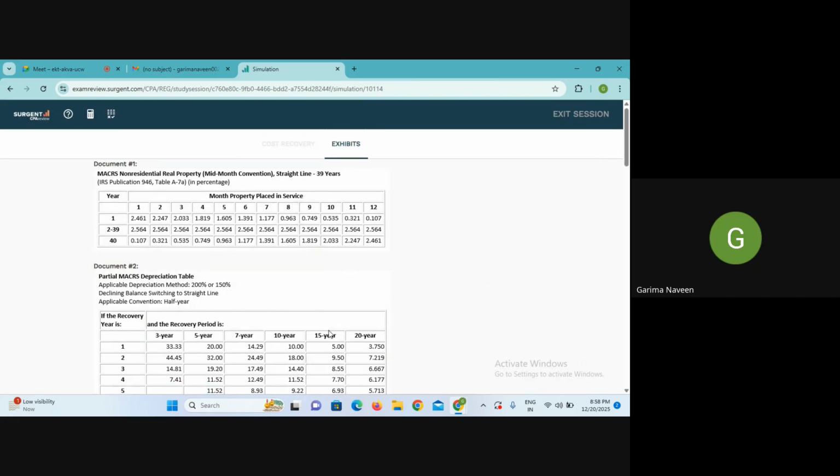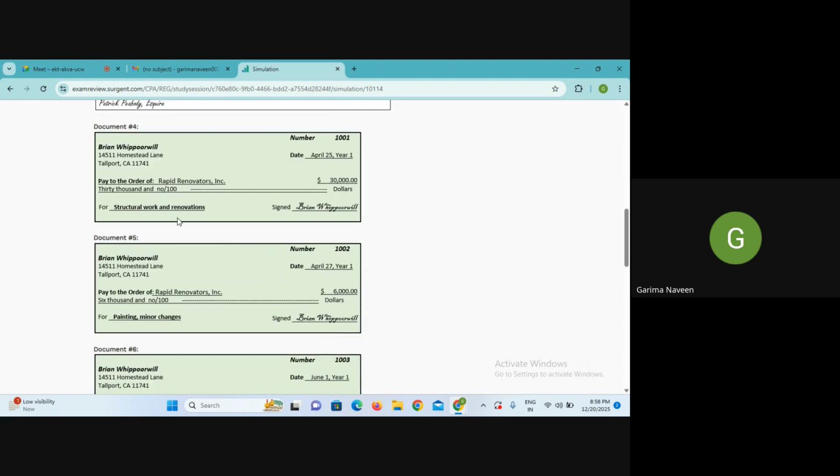Okay, so you have rapid renovators of $30,000 on April 5th, 25. And on April 27, we gave them $6,000. So total, painting and minor changes, and it is structural work and renovations.